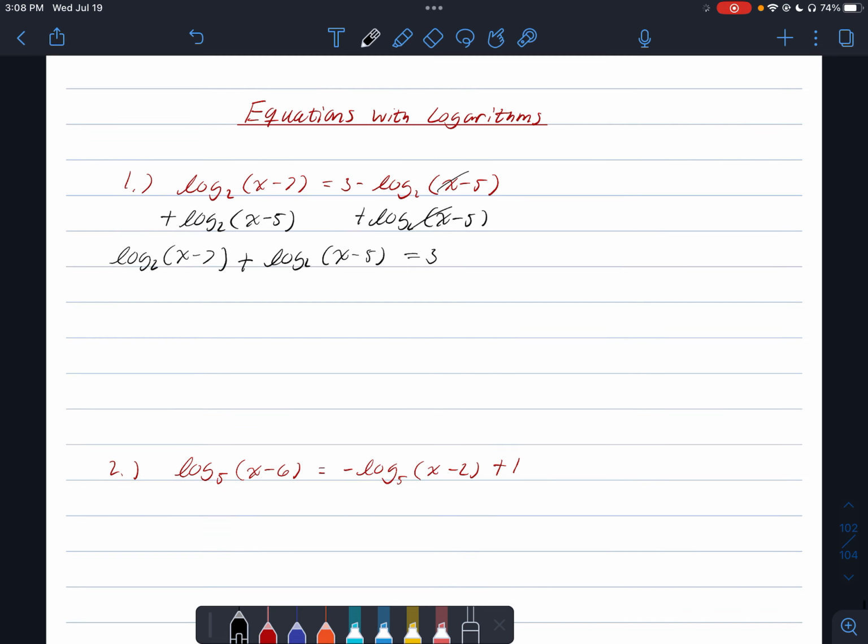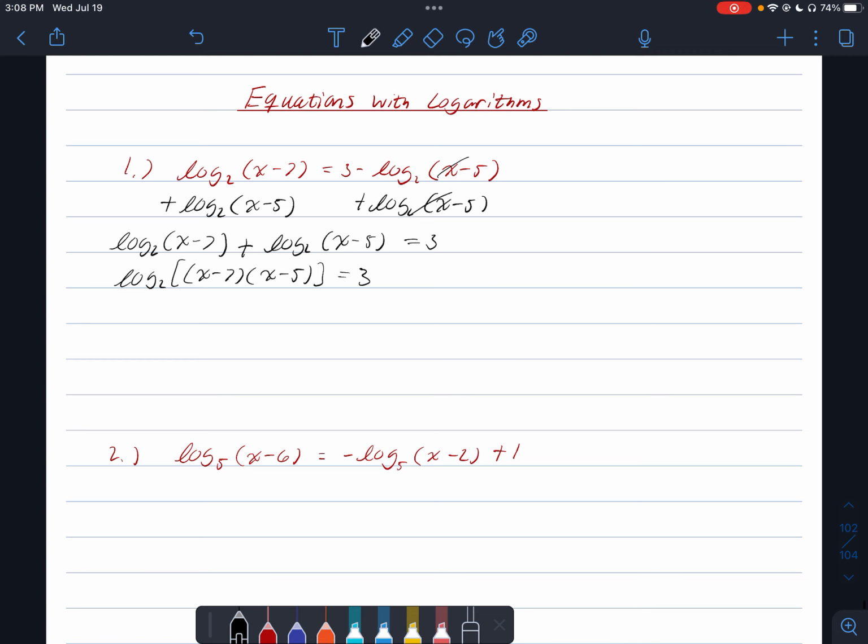Okay? So if we look at our product rule, we can go ahead and combine these logs into one log, and we'll get log base 2 of x minus 7 times x minus 5 is equal to 3.